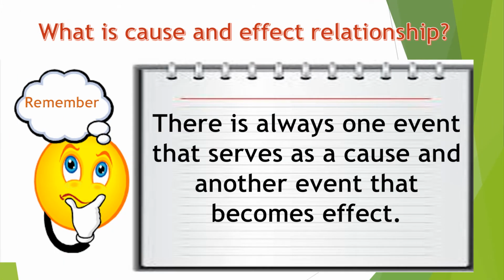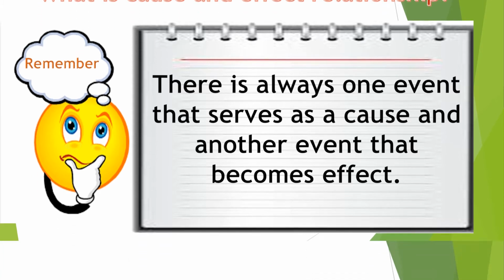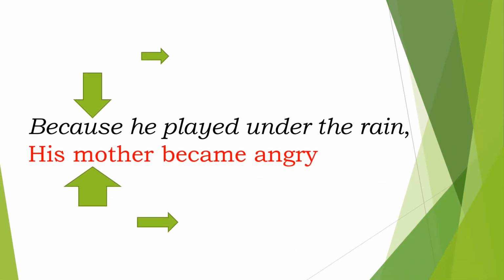Remember, there is always one event that serves as a cause and another event that becomes the effect. Let us now figure out how a complex sentence is used to show cause and effect relationship.